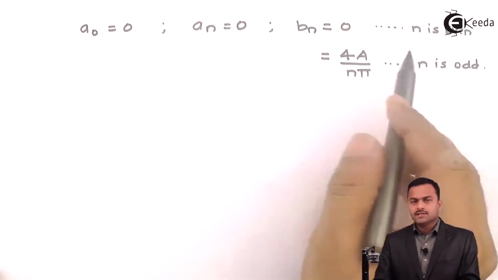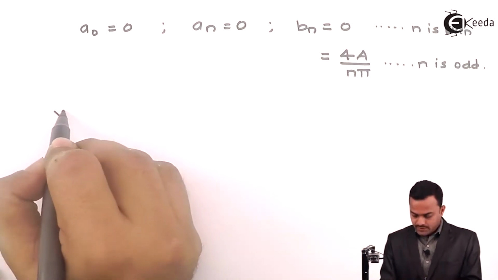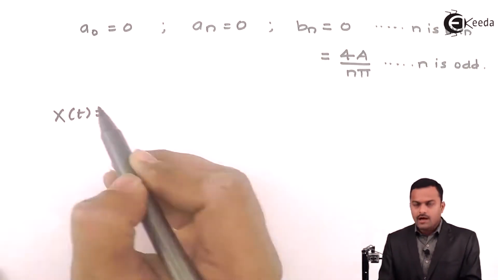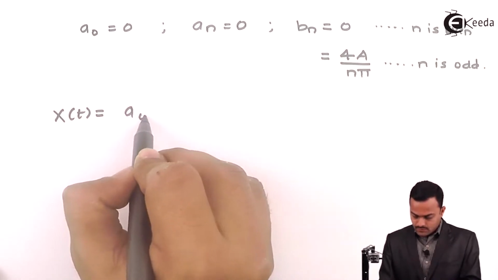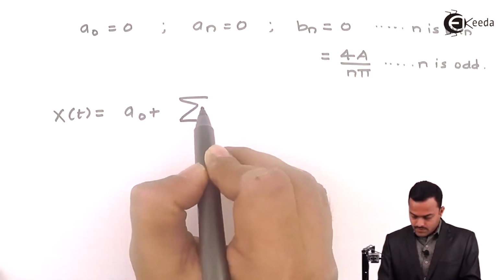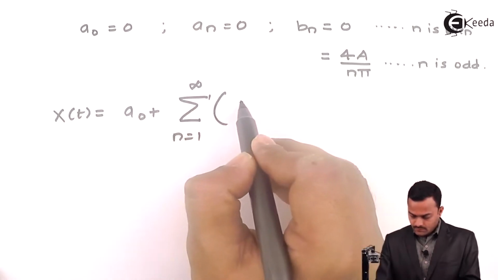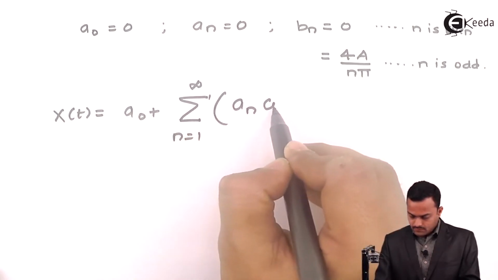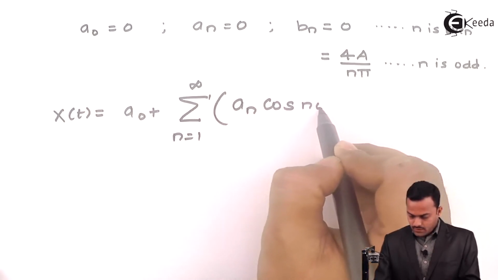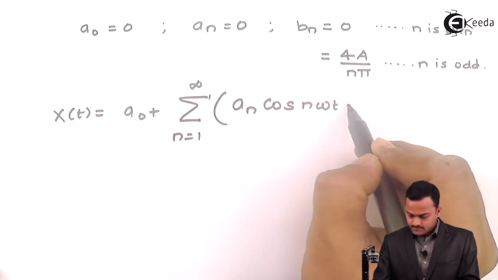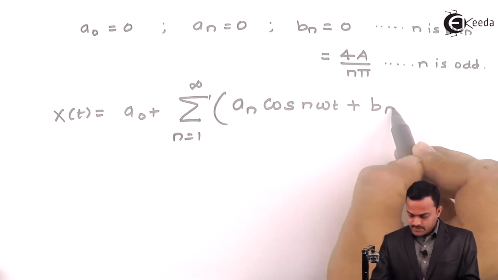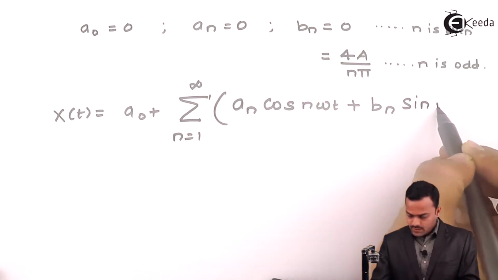Now with respect to this, our x of t having a representation a0 plus summation n from 1 to infinity an cos n omega t plus bn sin n omega t.